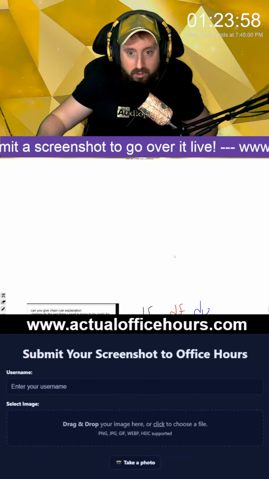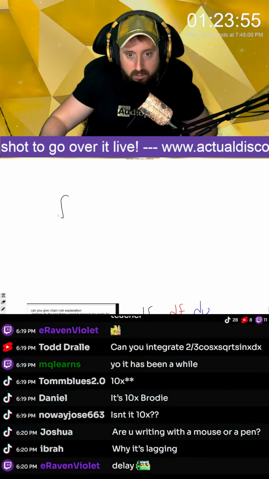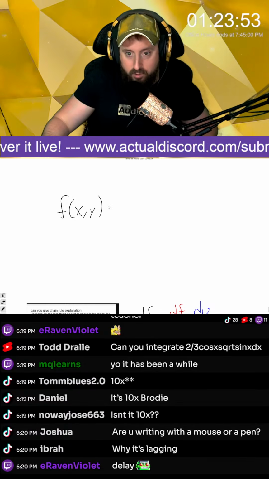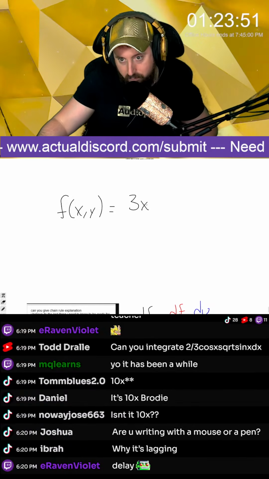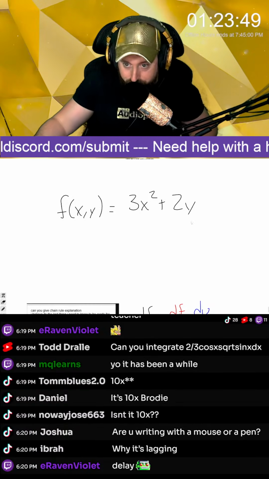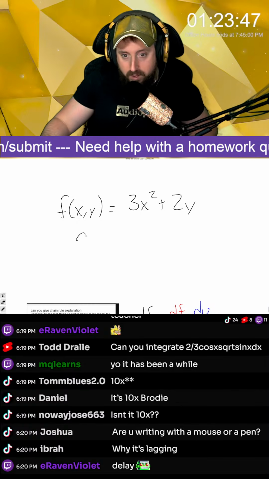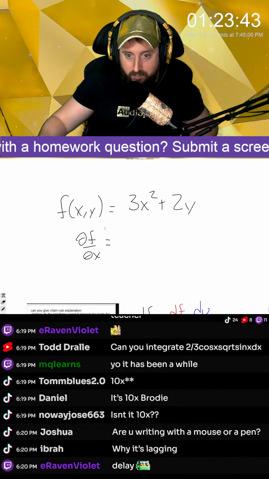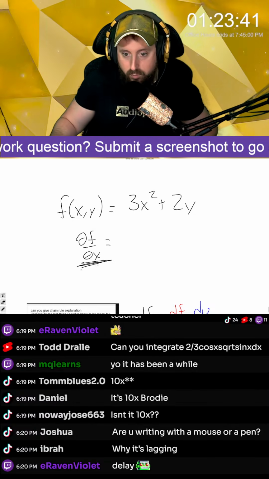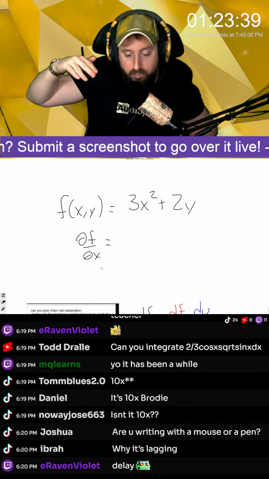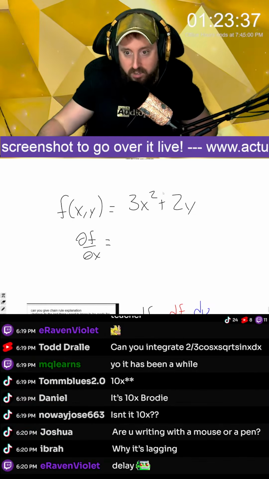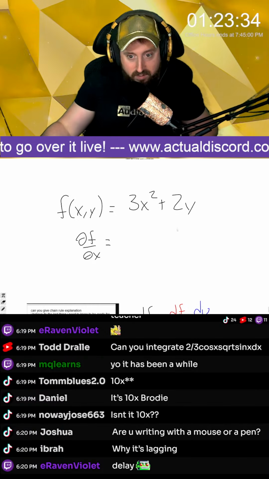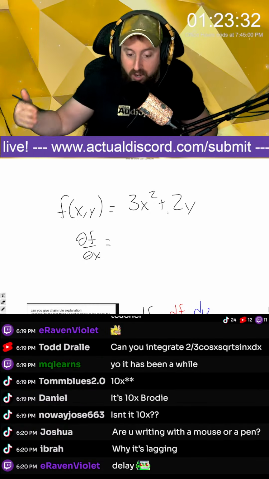So for instance, you could have a function f of x, y, which let's say is equal to, I don't know, 3x squared plus 2y. And then if you wanted to do partial f, partial x, this says take the derivative of f, but only in terms of x, the things that are changing. So in that case, y is not an x, so we consider it a constant.